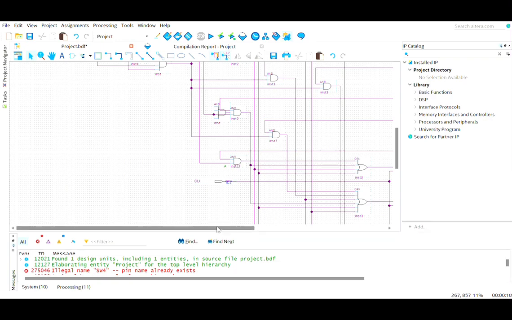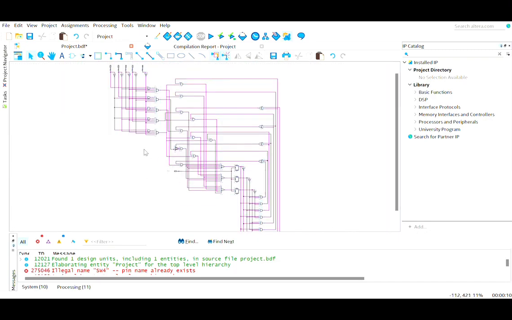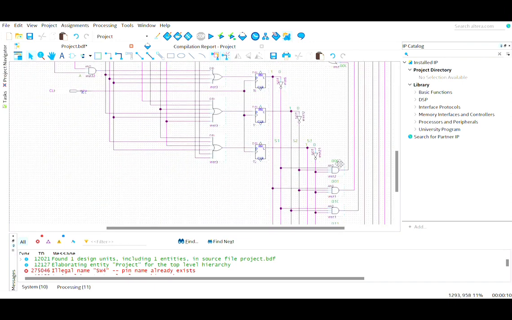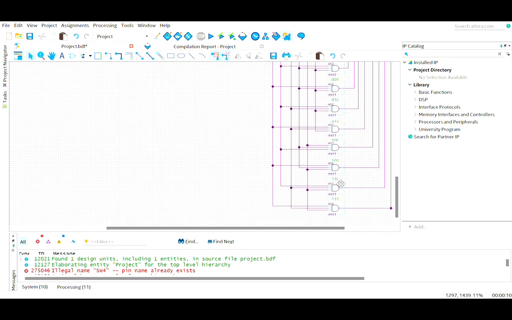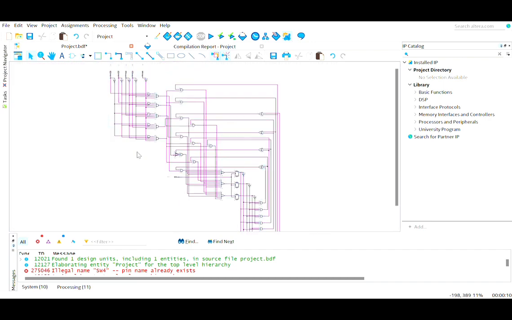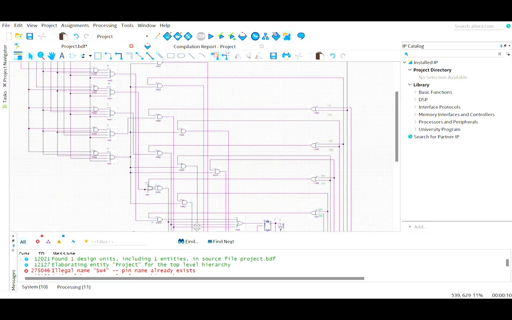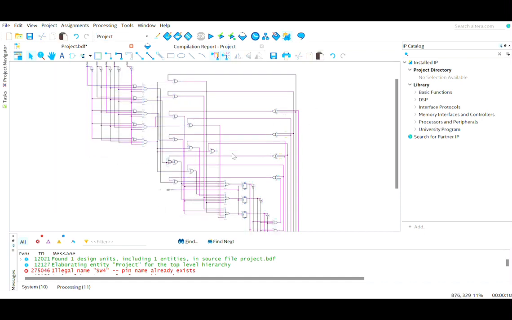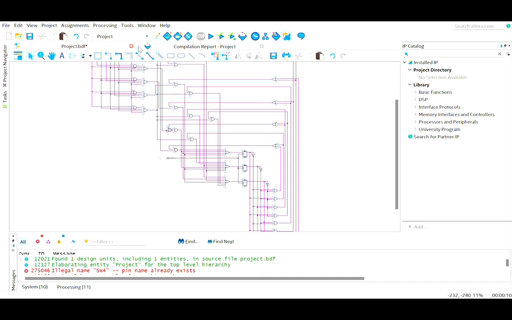I will build the circuits by JK flip flop that you know. This is state 0, state 1, state 2, state 3, another state 7. Okay. This left box, and you know that I can simulate this.